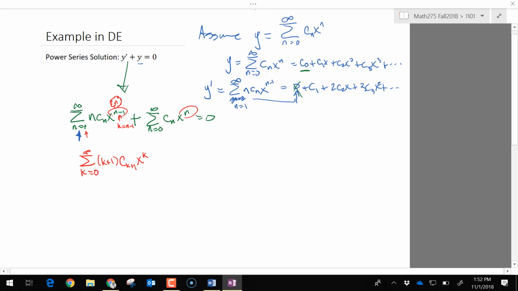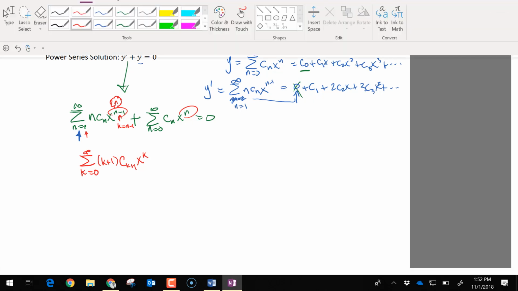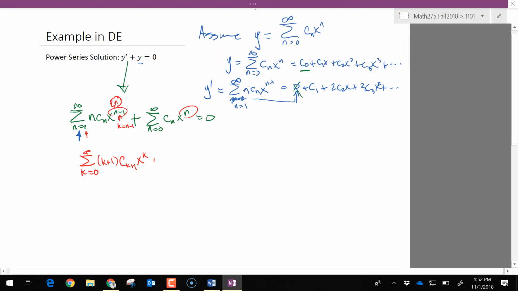So I start with 0. For this one, I'm going to keep it the same, but since I'm using k, I'm going to switch to k here also. So no shift in k here.